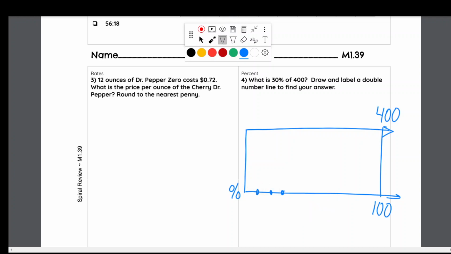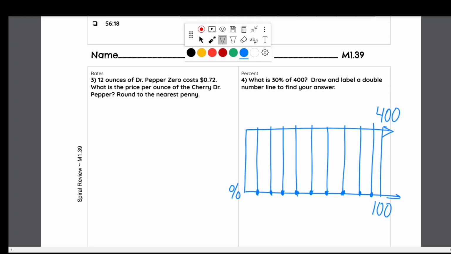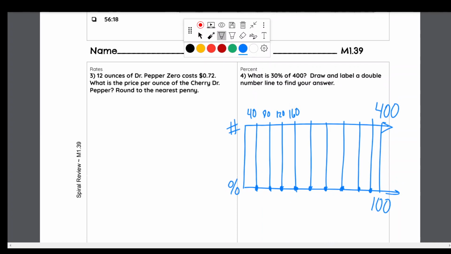10, 20, 30, 40, 50, 60, 70, 80, 90. Connect my lines through, and it shows me that the 400 has been divided by 10. 400 divided by 10 is 40, so I'm counting by 40s. 40, 80, 120, 160, 200, 240, 280, 320, 360, 400.